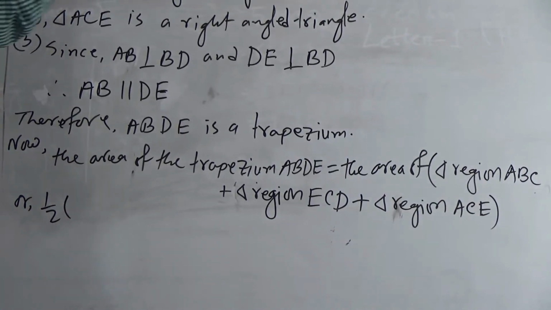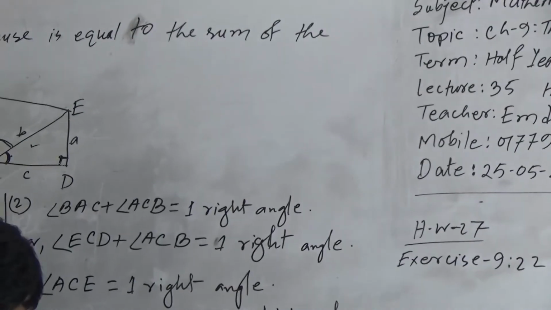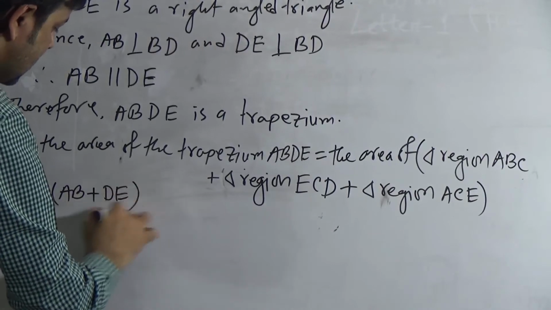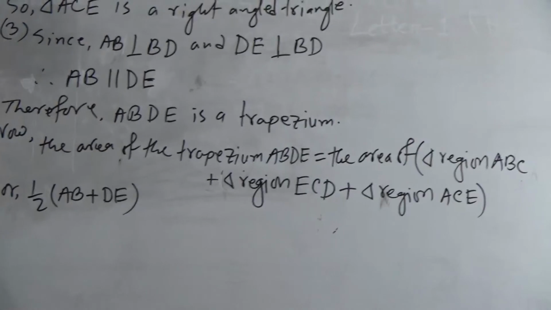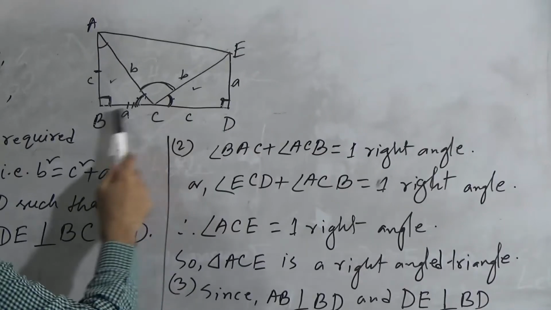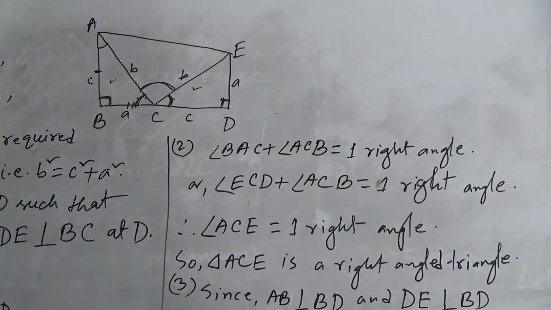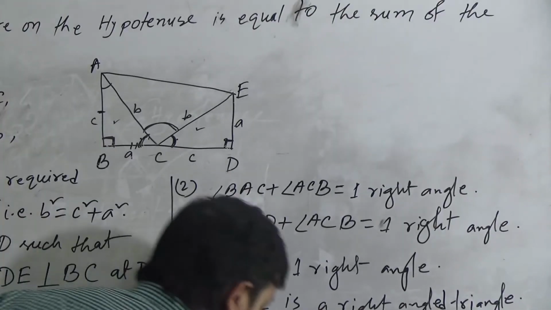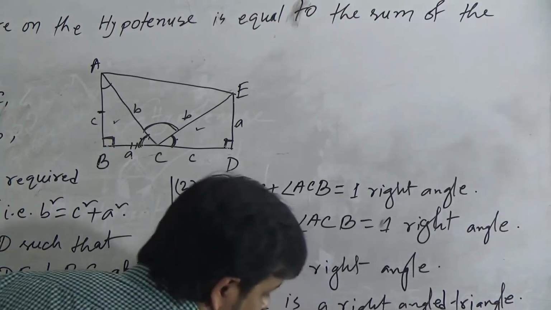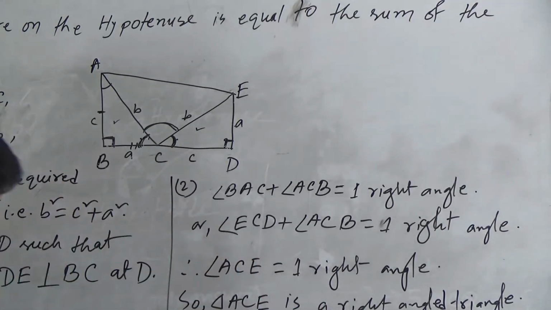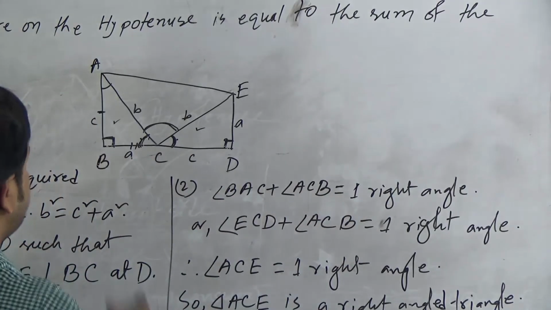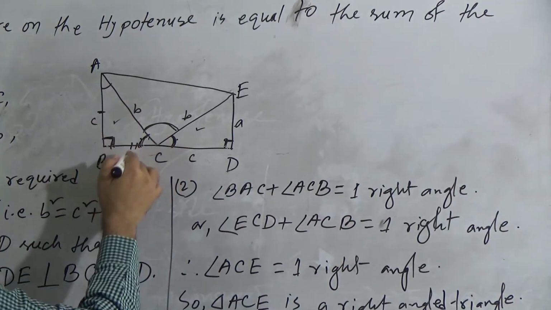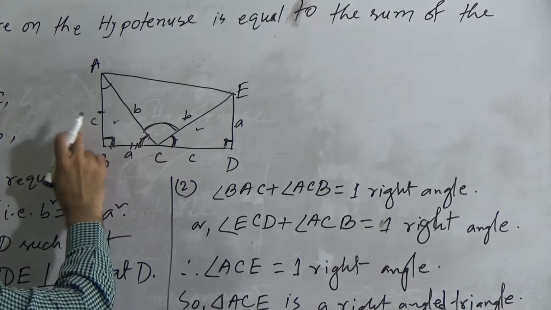It means half into AB plus DE into BD, equal to the area of triangular region ABC. As this is a right angle, if A is the base, C will be the height.